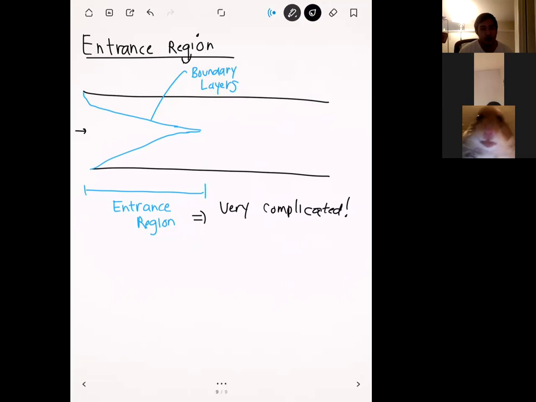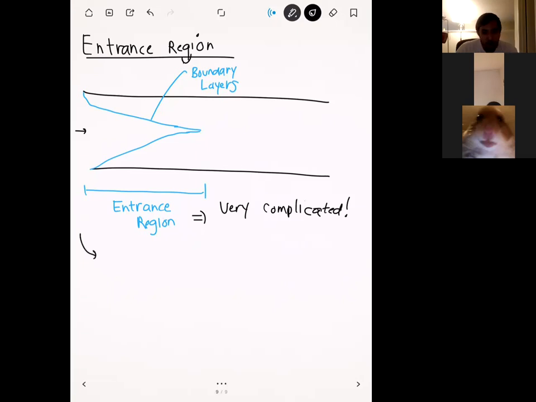So for most analyses, we ignore it for the sake of simplicity, which is not a bad assumption, because this entrance region is usually really short. But within that short region, lots of crazy stuff can happen. So I want to emphasize that usually we ignore what's going on here.